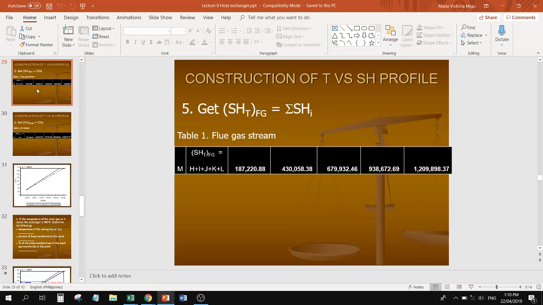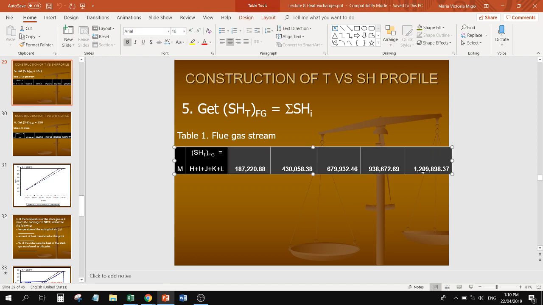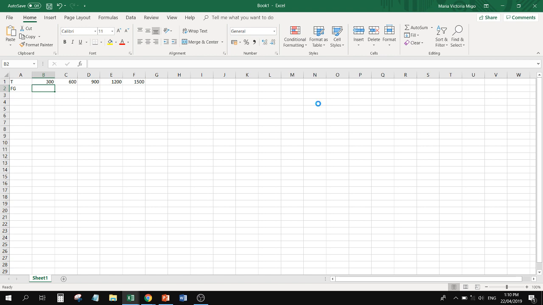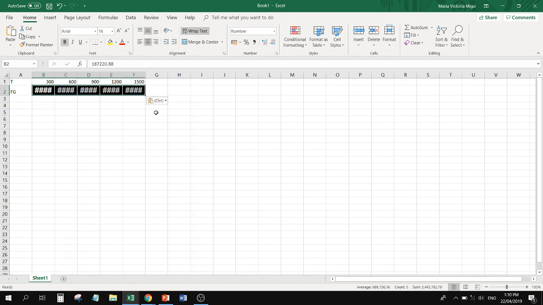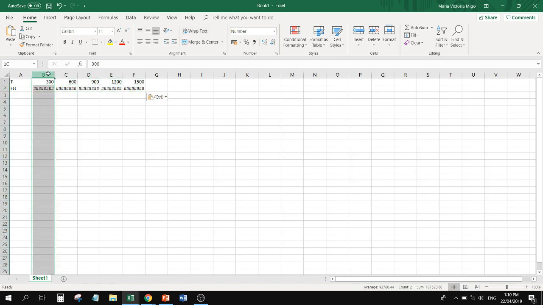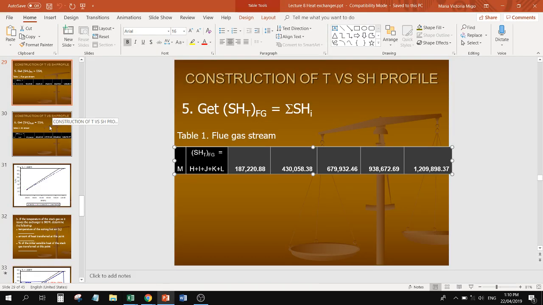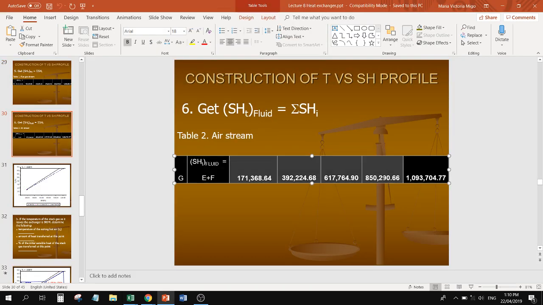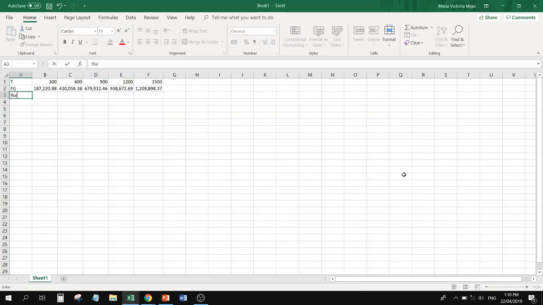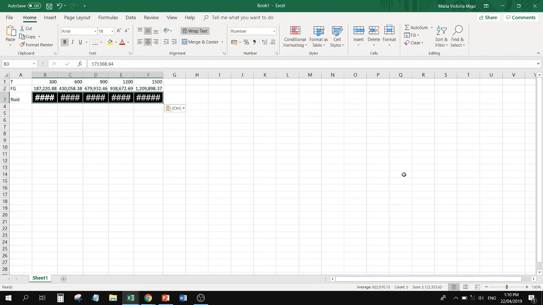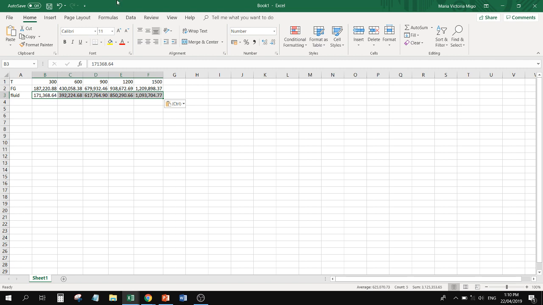Let me copy and paste the summation of the MCPDT at the different temperatures. And then next, this is for the fluid or the air, the working fluid.